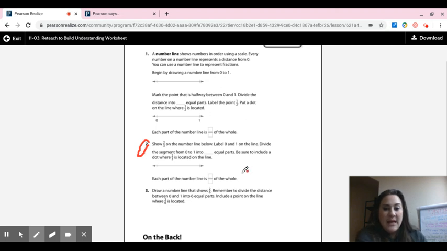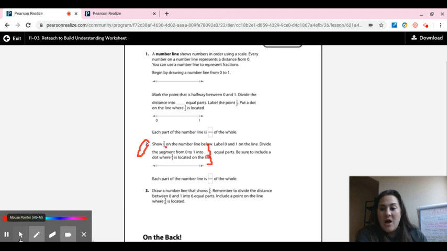Divide the segment from 0 to 1 into how many equal parts? Well, remember, we have to look at the denominator. So the denominator is telling us that we are going to divide it into 3 equal parts. Be sure to include a dot where 2/3 is on the line.